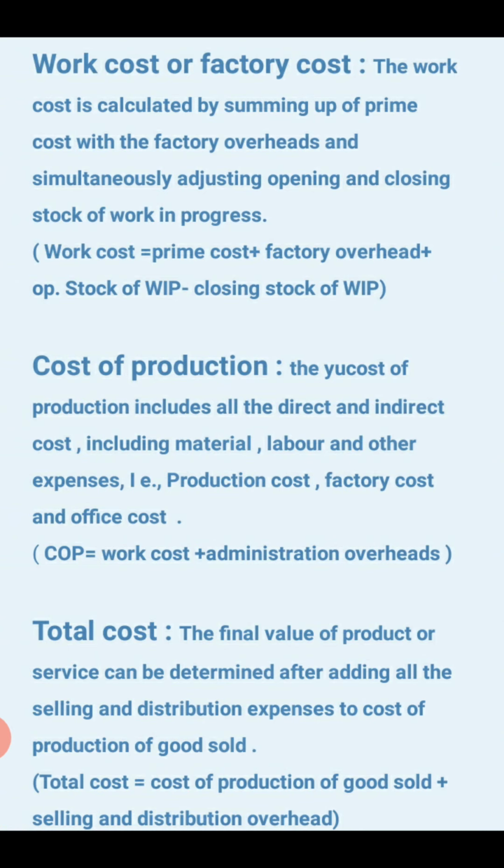How do we calculate work cost? First we add the prime cost and all our factory overheads, meaning all the expenses of running a business in a factory. After adding and summing, we get our factory cost or work cost. Its formula is: prime cost plus factory overheads plus opening stock of work in progress.